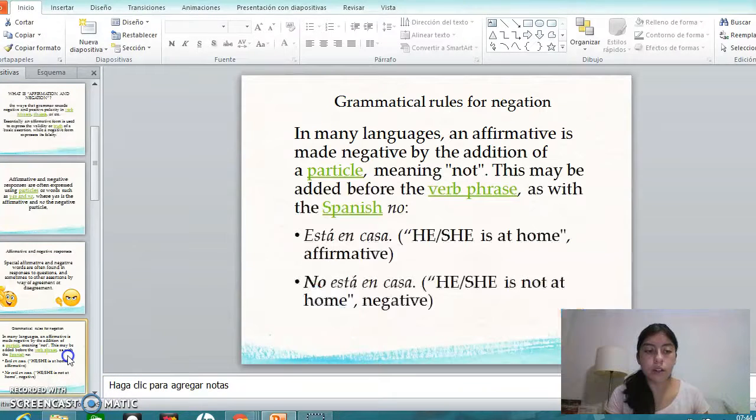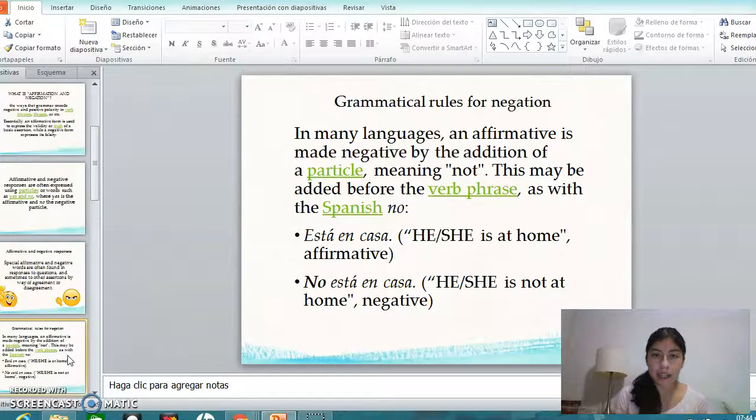Then, we're going to move to the grammatical rules for negation. Languages have a variety of grammatical rules for converting affirmative verb phrases or clauses into negative ones.